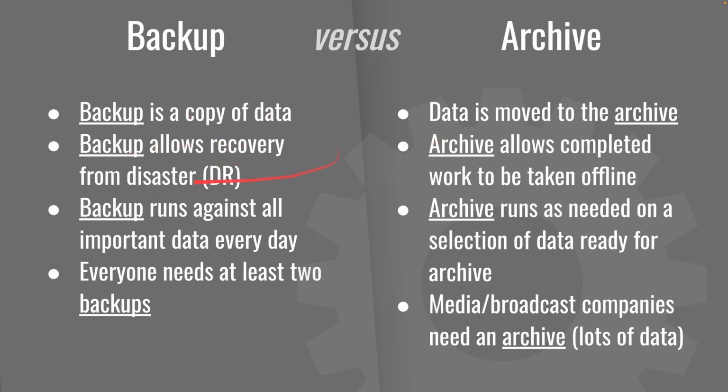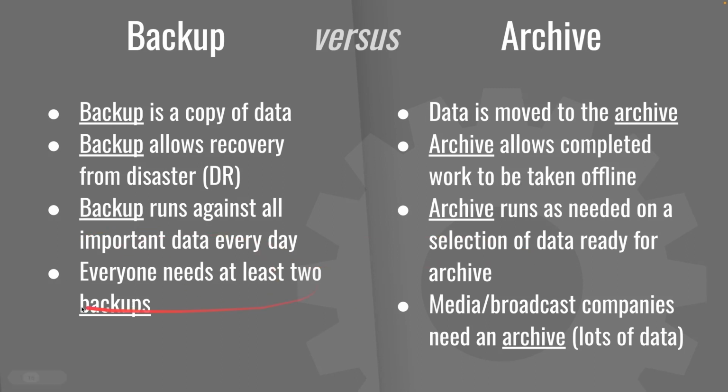A backup is just for disaster recovery, really, and it runs against all of the data that you have on your production storage every day, whereas with an archive, you're selecting the data that you want to archive because these are projects that you know have completed, or maybe you've just started a project. There's a huge amount of rushes and footage coming onto your storage, and you want to commit that to tape as a one-off archive, so you know whatever else happens, you've got a snapshot of that footage.